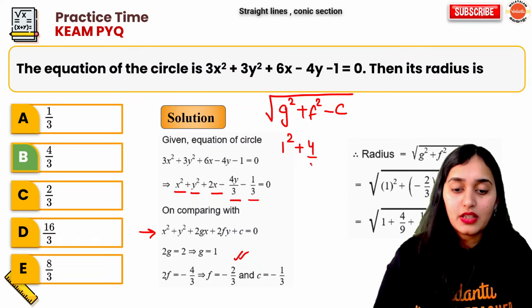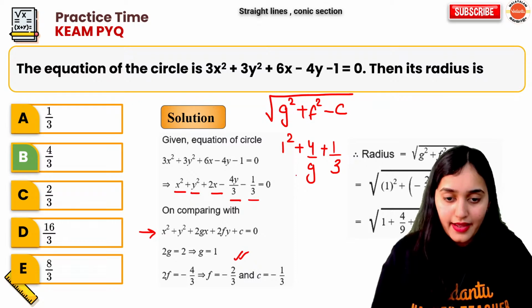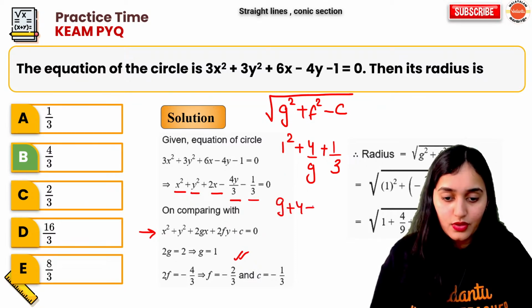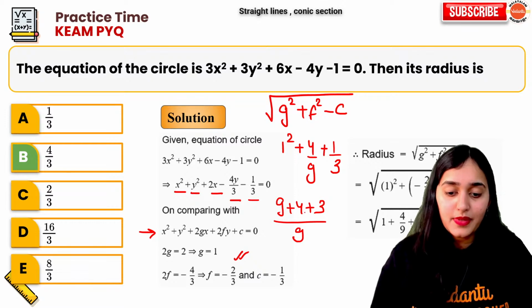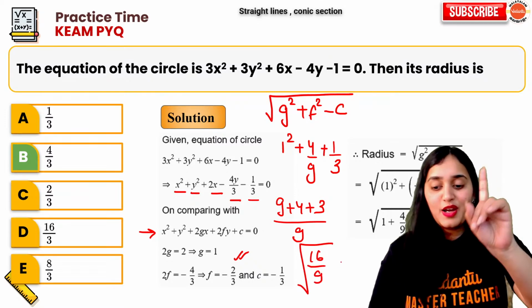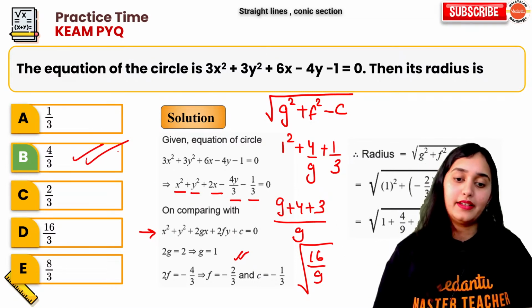So 2 2s are 4, 3 3s are 9. And minus c is plus 1 by 3. Now just find the square root of this. If I multiply with 9, it is 9 plus 4 plus 3 upon 9. So this is 12, 12 plus 4, 16, 16 upon 9. What is square root of 16 upon 9? 4 by 3. So our answer is 4 by 3.